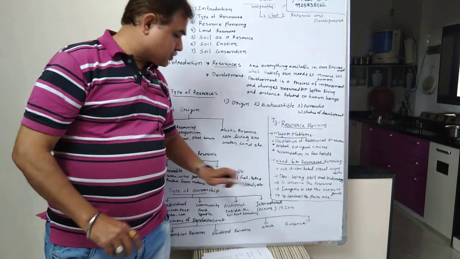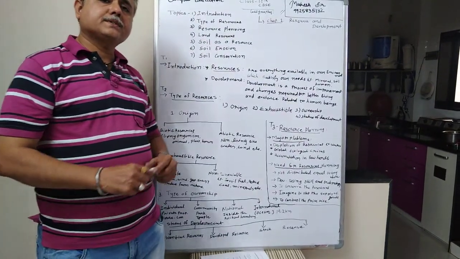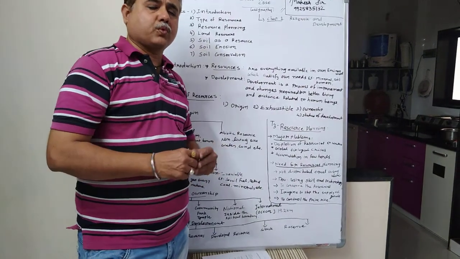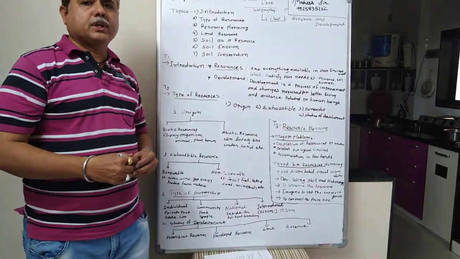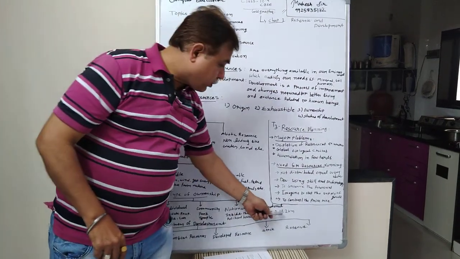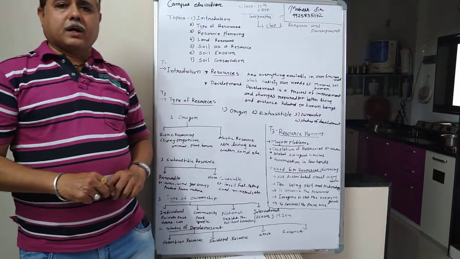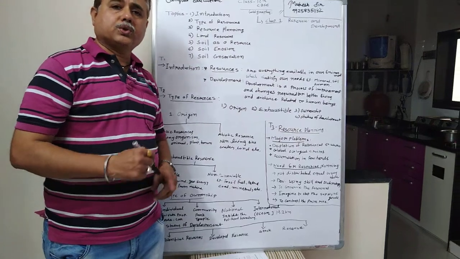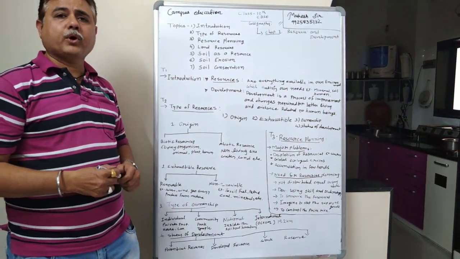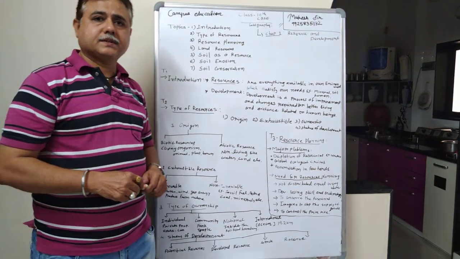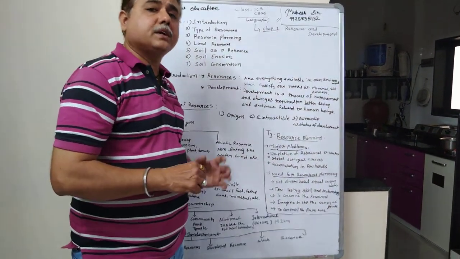Now, international resources. International resources is the ocean boundary. From your coastal area, only 19.2 kilometers is included in your oceanic boundary, and after 19.2 kilometers, this is the boundary of an international boundary.